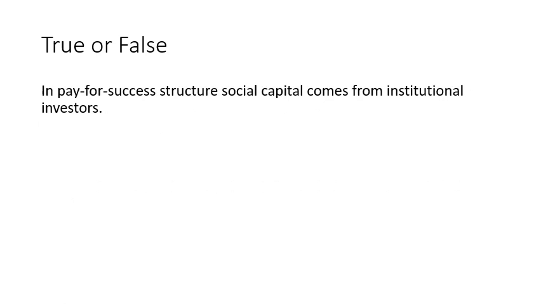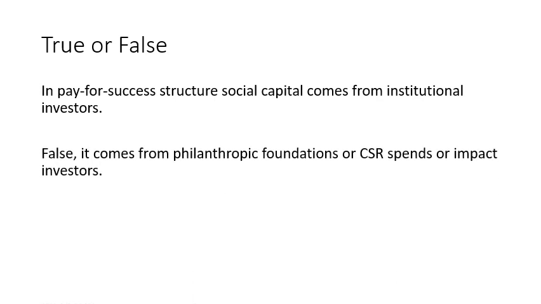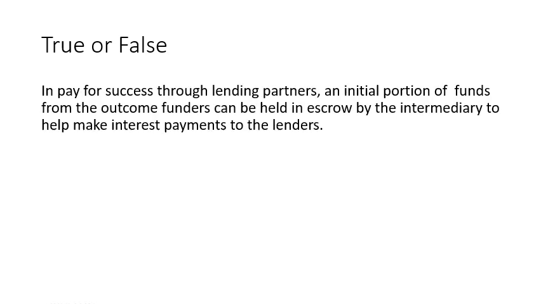The next one is that in pay for success structure, social capital comes from institutional investors. Okay, this is a false statement. It comes from philanthropic foundations or CSR spends or impact investors, not from institutional investors. The next one is, in pay for success through lending partner, which is one of the structures, an initial portion of funds from outcome funders can be held in escrow bound by intermediary to help make interest payments to lender.